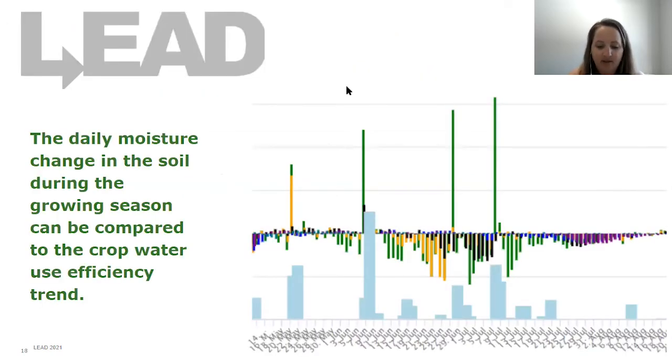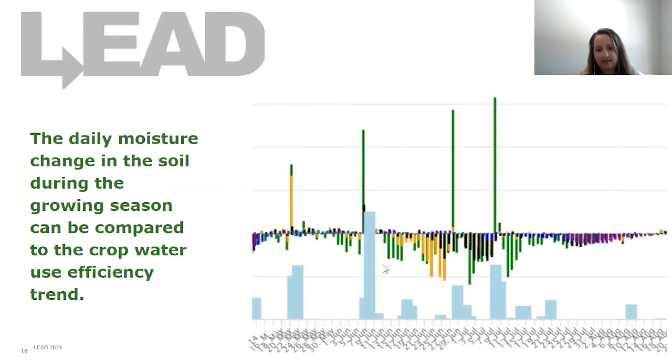So staying with the same topic of soil and crop health, we're going to look at soil moisture data as it relates to water use efficiency. So here is that graph again of the daily moisture change. It's a little bit larger here so we can see the different sensors and their plus and minus throughout the day.